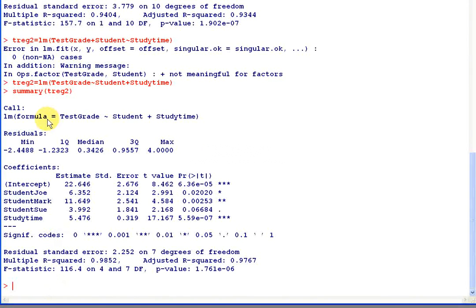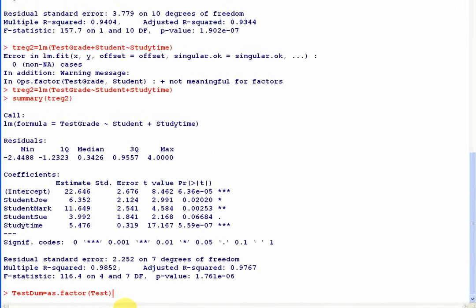Test dummy equals as.factor test. What this tells R to do is to create a new variable from the numerical test, first, second, or third test, and create it as different categories. As.factor says treat it as categories instead of numbers.